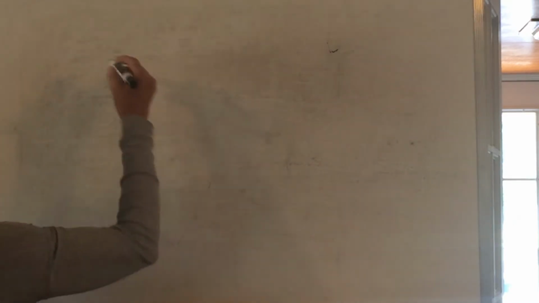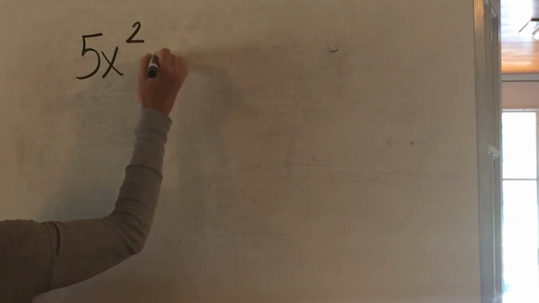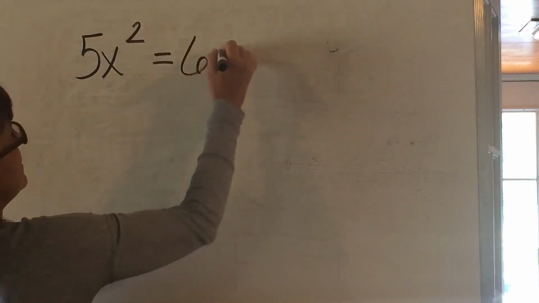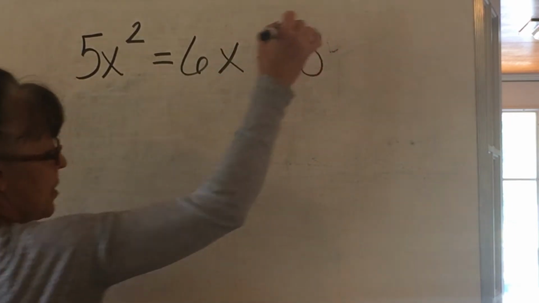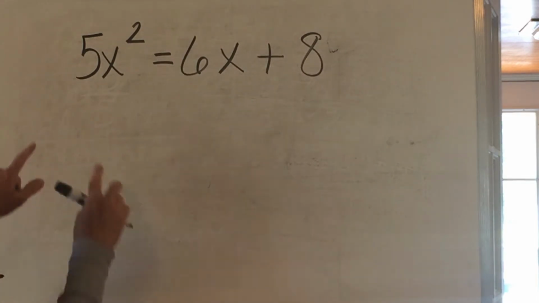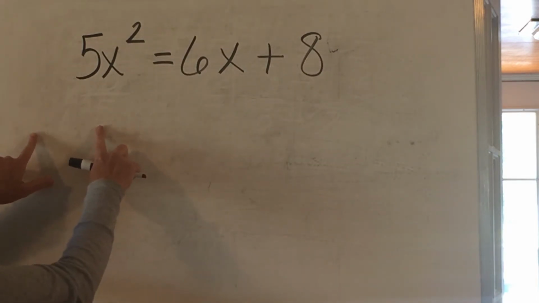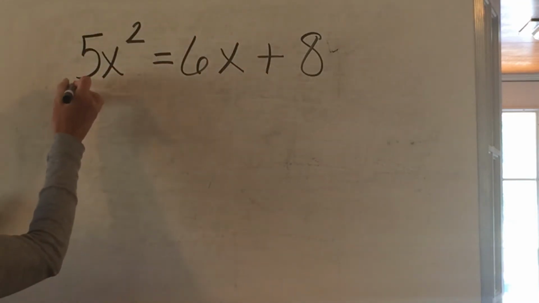Alright, so example 1 is something like 5x squared equals 6x plus 8. Well, the first thing I'm going to do is get my x's over here and then my number on the other side.